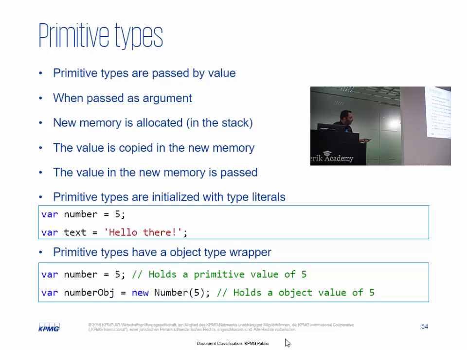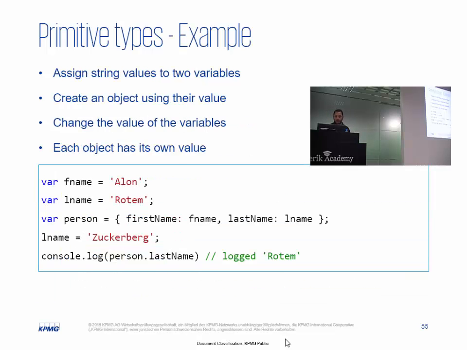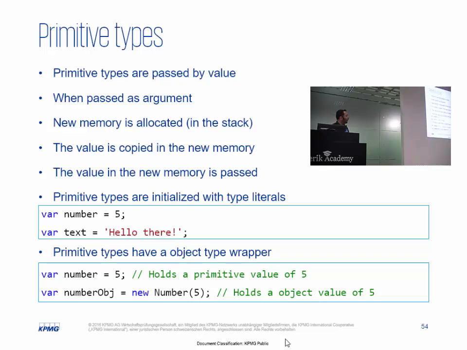These two are slightly different, because this one is an object and this one is a number. This is an object which represents a number with the value 5, but this is just a piece of memory containing the number 5. I think we'll see a little more on those and how they work, because I think there's another slide talking about this again.